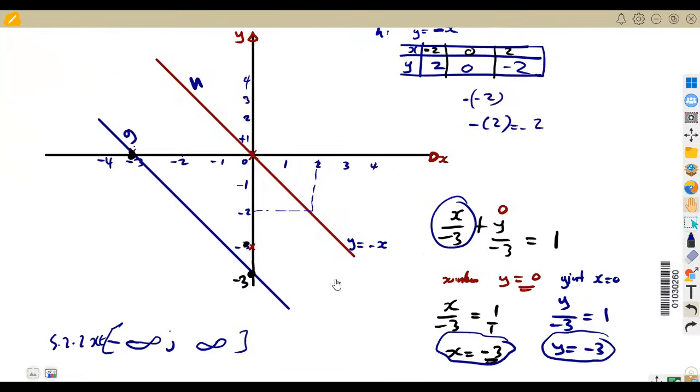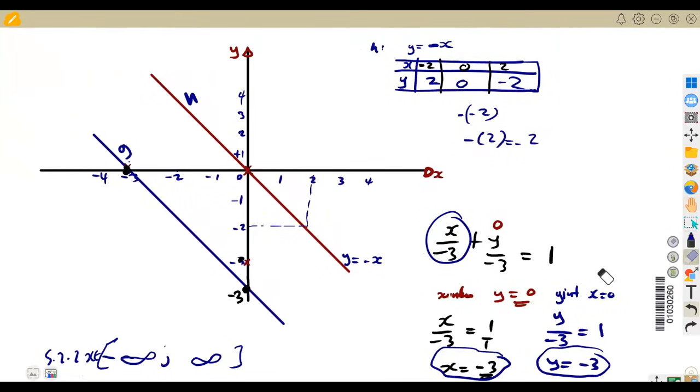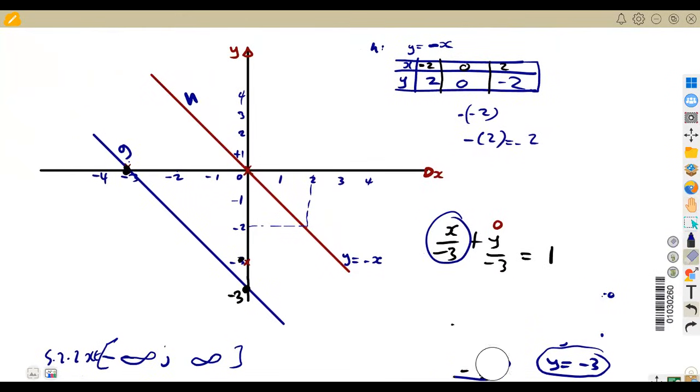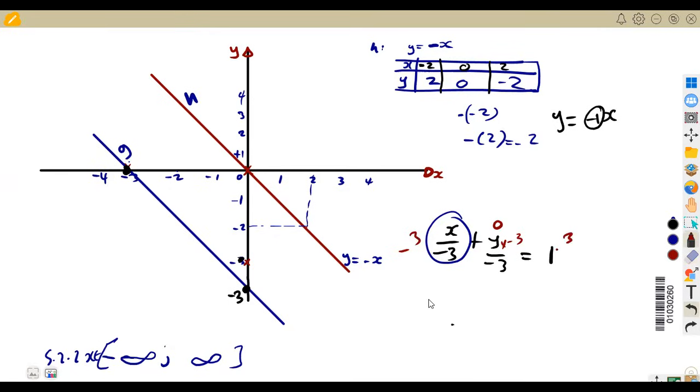Another way we can prove that these two lines are parallel is to work from the equation that we see here. Remember, parallel lines have the same gradient. This one is the line for y is equal to minus x, meaning our gradient is -1. We want to write the other in the form y is equal to, so we multiply by -3. This one cancels, you remain with x, plus y is equal to -3.